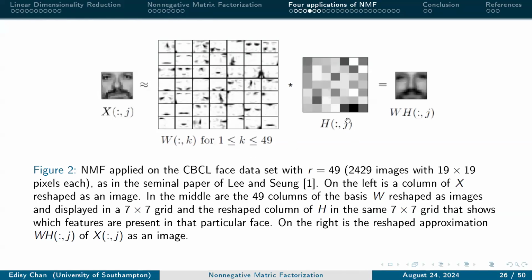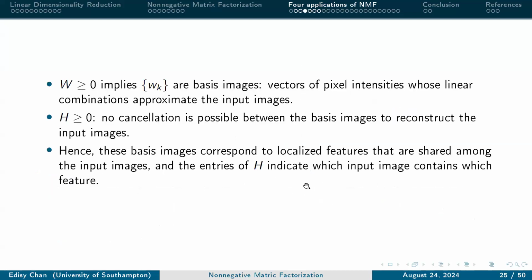And now the H, we put it in the 7 by 7 grid. Actually we don't need to put it in this way. We can expand all the things like the original matrix.